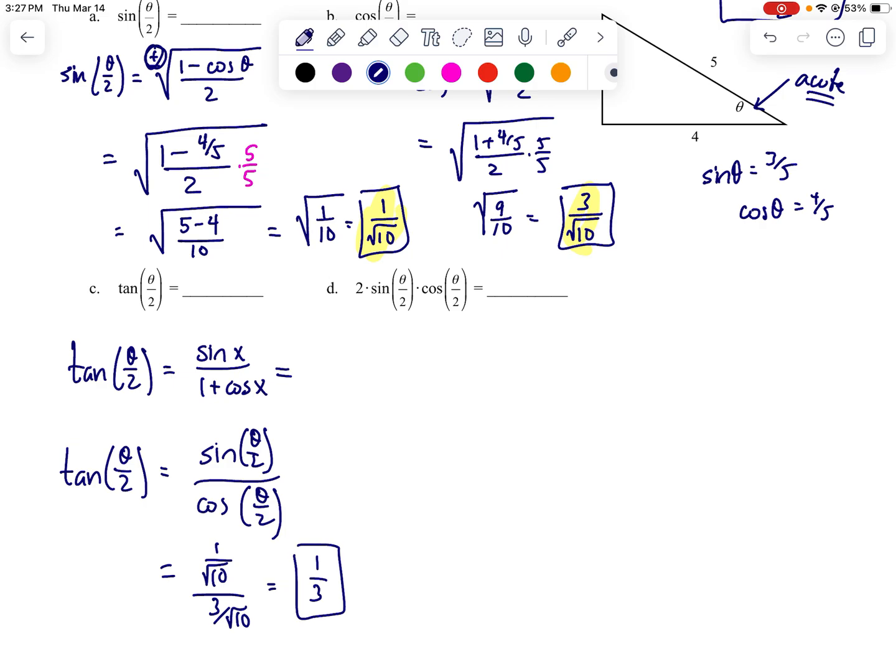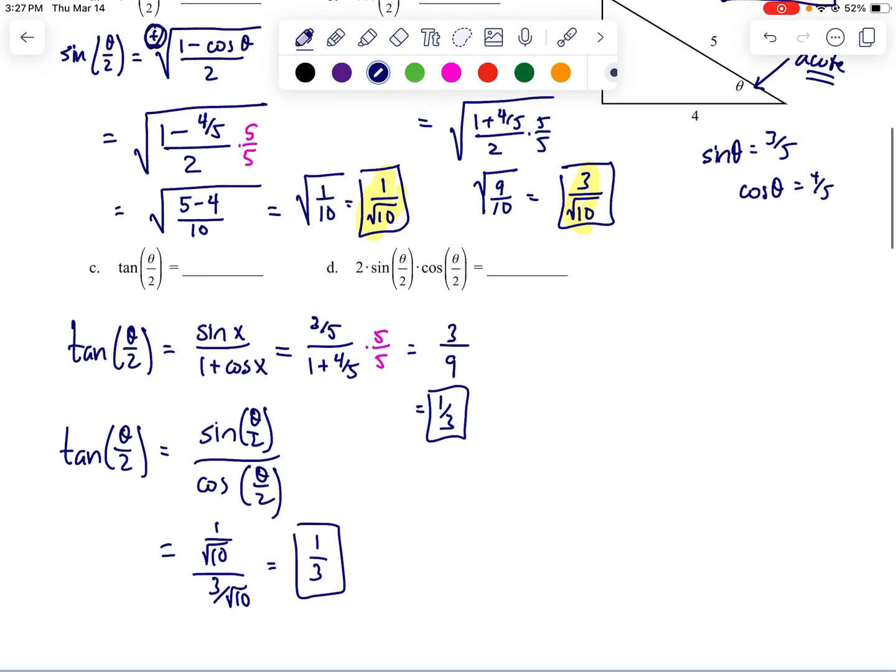So the sine of the original angle is 3/5 over 1 plus the cosine of the original angle, 4/5. And so hopefully we get the same thing. If I multiply by 5 over 5, I get 3 over 9, because this would be 5 plus 4, which is indeed 1/3. Okay. All right.